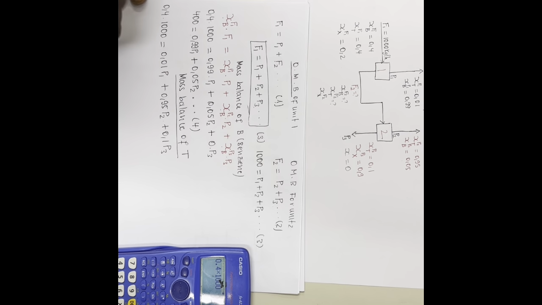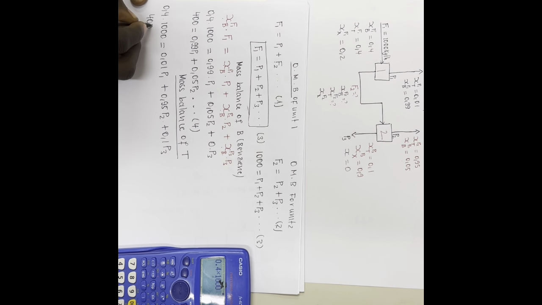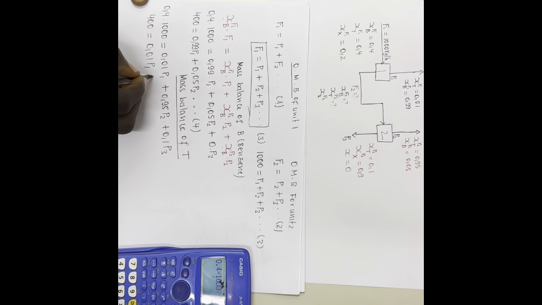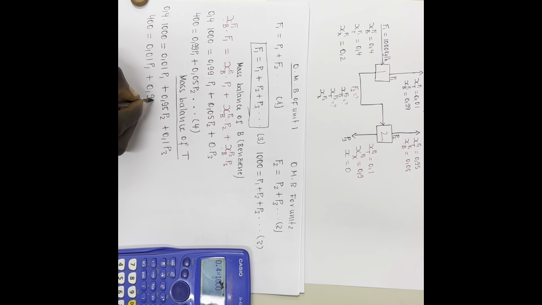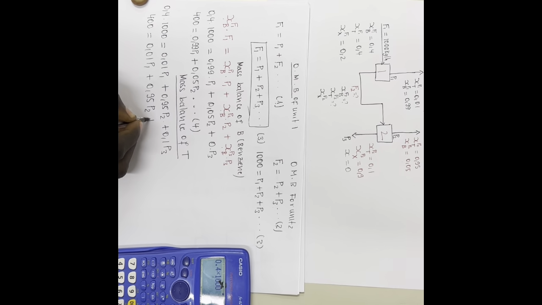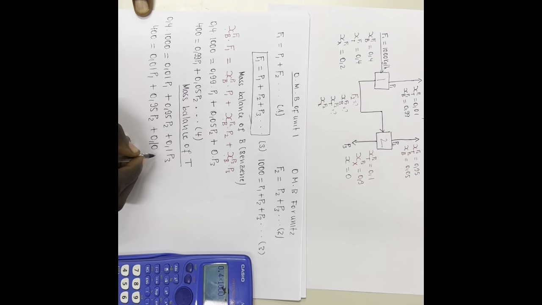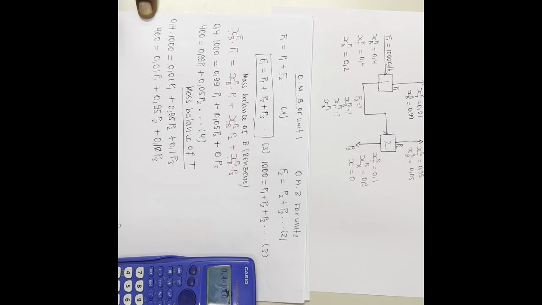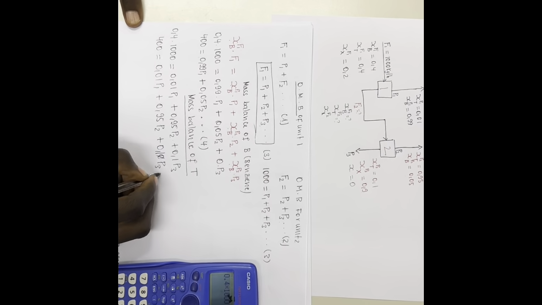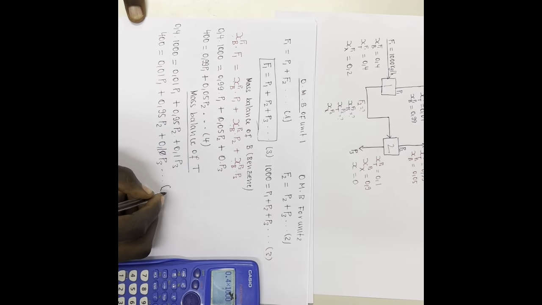So this equation can also be 400 if you multiply this: 0.01 P1 plus 0.95 P2 plus 0.1 P3. So this 0 doesn't belong there. Now this equation we can call equation 5.